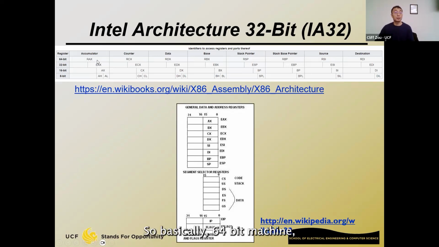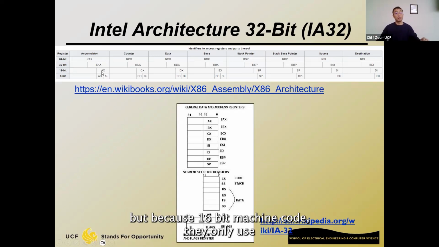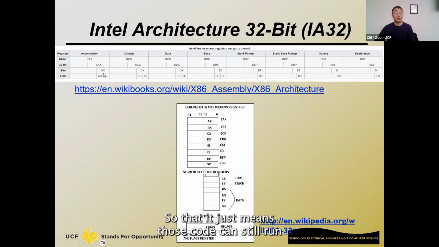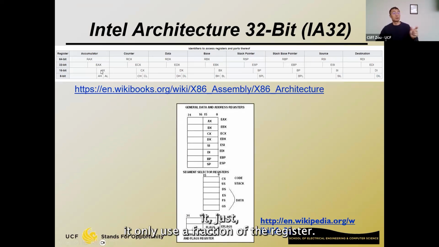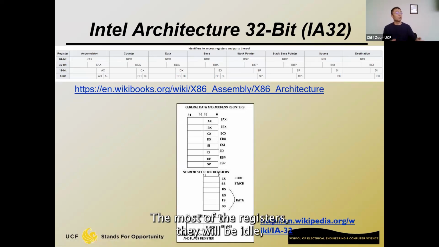So basically on a 64-bit machine, you can still run 16-bit machine code, because 16-bit machine code only uses AX, BX, CX, DX in their assembly language. That just means that code can still run. It only uses a fraction of the register, and most of the register will be idle, but you can still run those very old code.